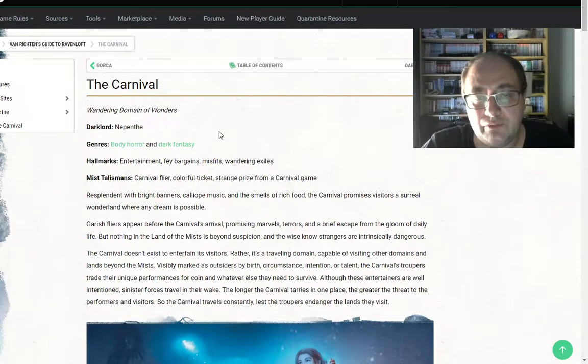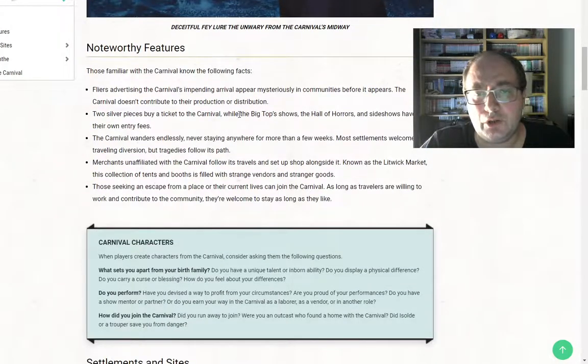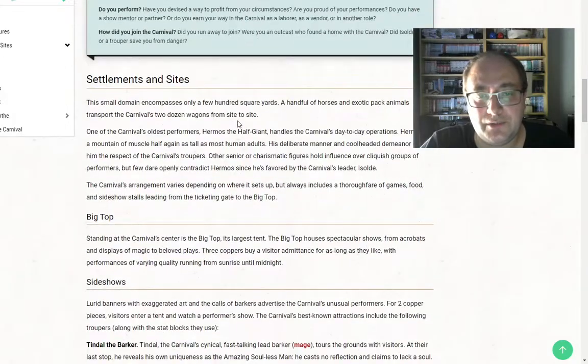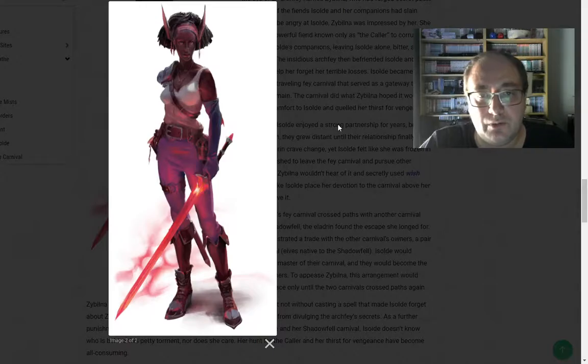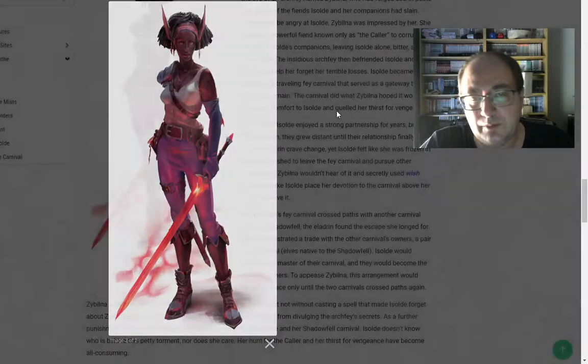It is a very evil artifact that is possessed by the leader of the carnival, Isolde. And I think they have a pretty cool picture of Isolde and Nepenthe. Yeah, there you go. So there's Isolde with Nepenthe.